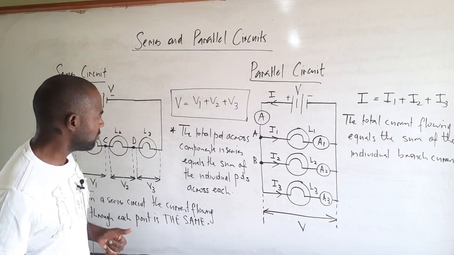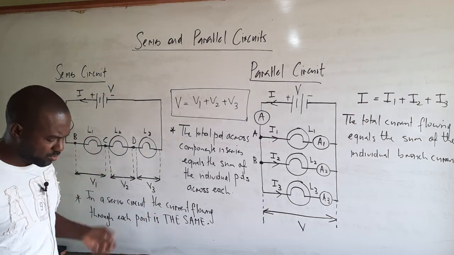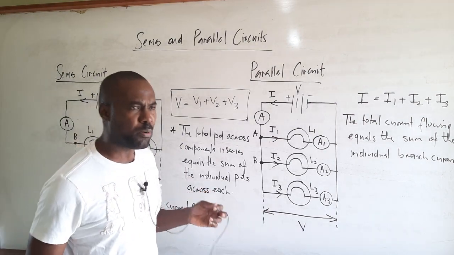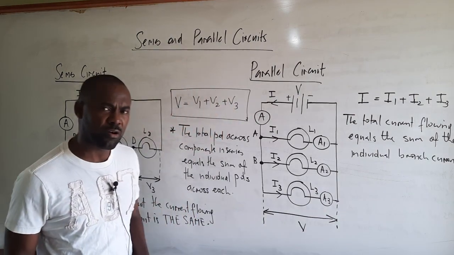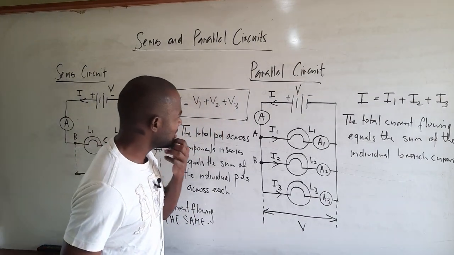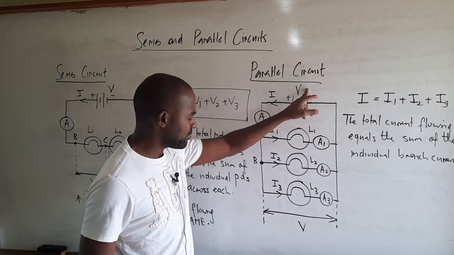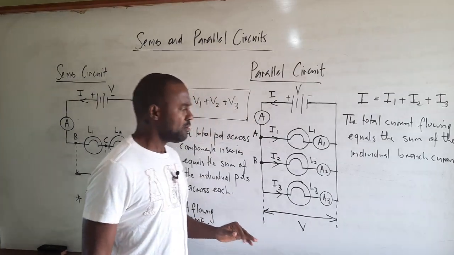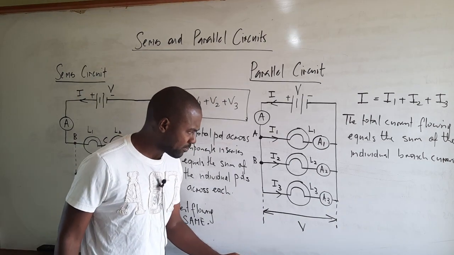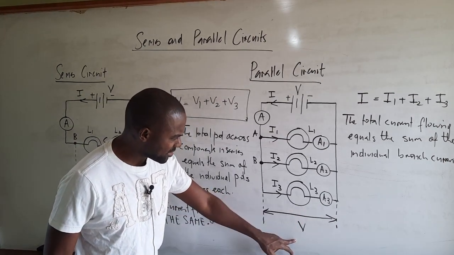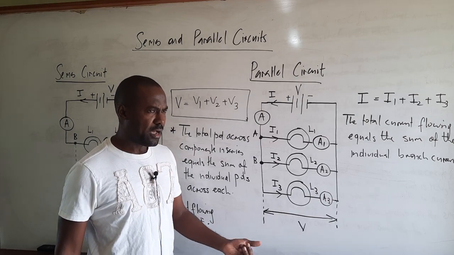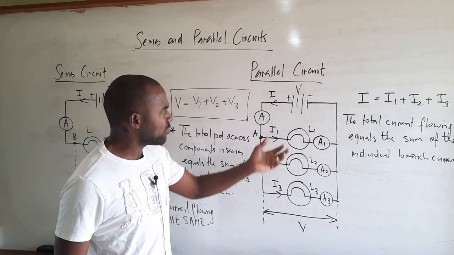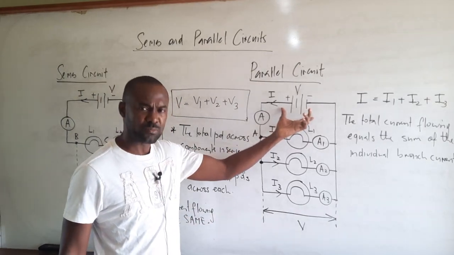Now, similar to what we did when we looked at series circuits, we'll also examine what is happening to the voltage or the PD across these components. If you notice, we say the battery is V. These lamps are connected in parallel as indicated. If we were to take a high resistance voltmeter and connect it across the lamps, it will give the same reading as if we were to connect a voltmeter across the battery, right?